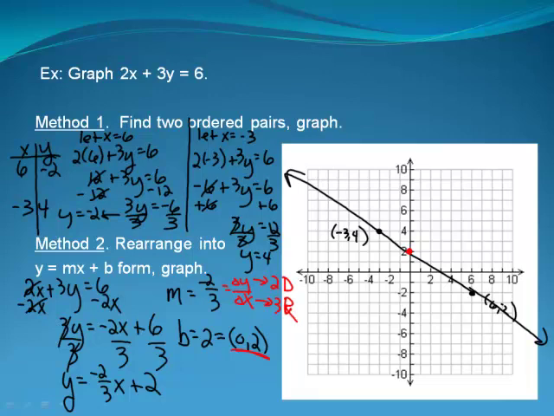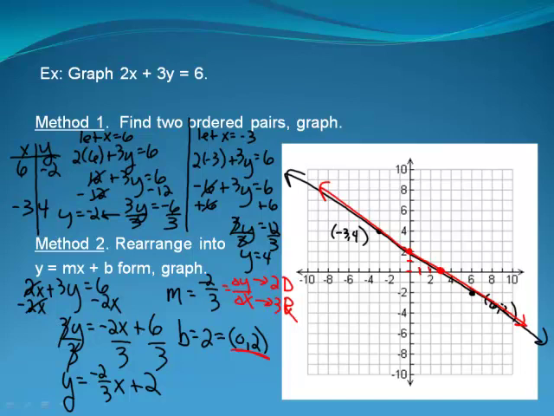So from our y-intercept, I want to move 2 down and 3 to the right. So from here, I'm going to move 1, 2 down, and 1, 2, 3 to the right. Yep, that point's on the line as well. If I sketched that in, I'd have the exact same line.